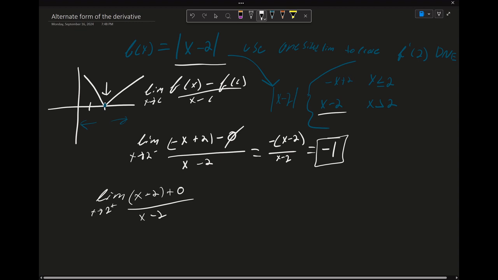So here we get x minus 2 over x minus 2, which we know simplifies to 1. And so now we see the limit from the left and the right are not equal. 1 does not equal negative 1, which proves to us that this limit, or this derivative at 2, does not exist.